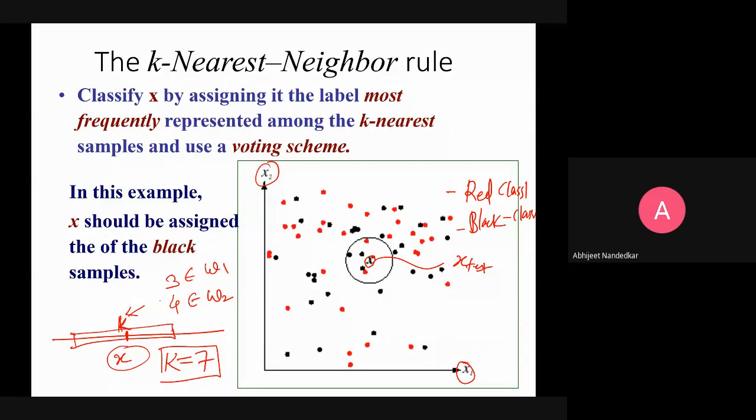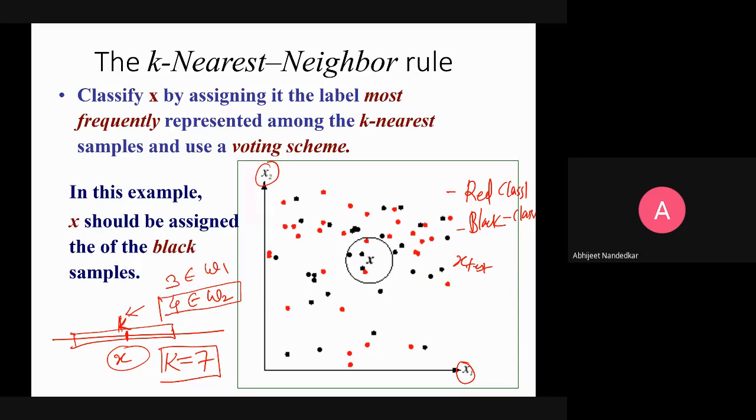So the majority of the samples around this x belong to omega 2. So my estimation is that x should be omega 2. So it is kind of a voting. Whatever is your surrounding, in that surrounding you see how many samples belong to a particular class.